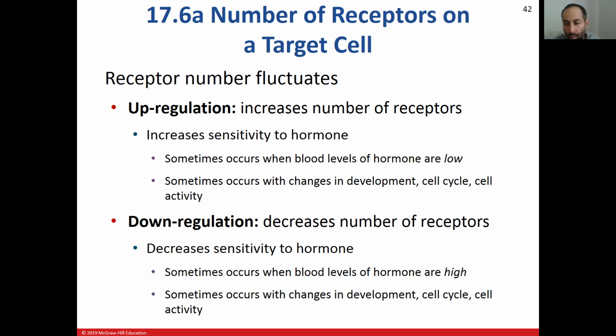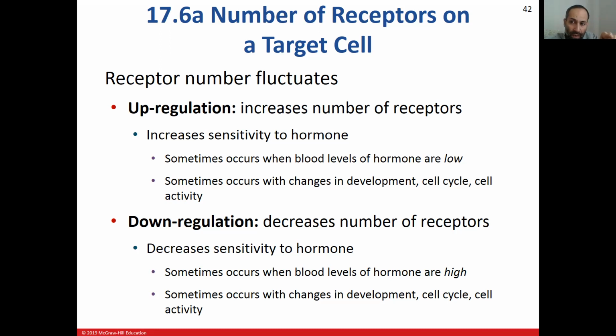You don't have enough growth hormone being secreted, and so you are very short with no increase in height and all that. So how your body will respond to these decreased levels of growth hormone is it will increase the number of receptors available to attach that hormone, all right? Because you're on the lookout for any growth hormone that you can get. So your body amps up its production of those receptors, and that's called upregulation.